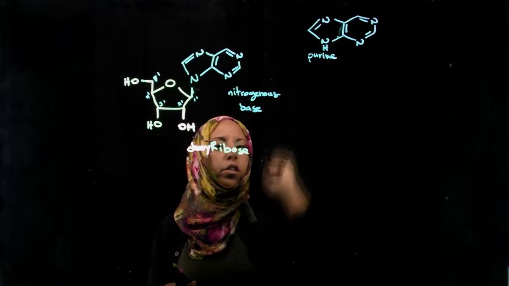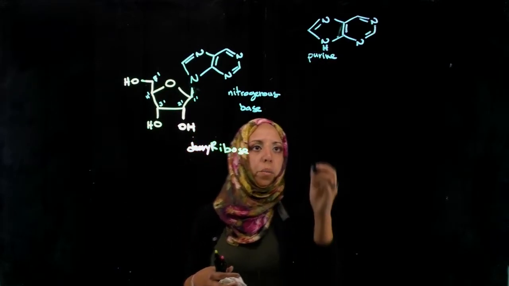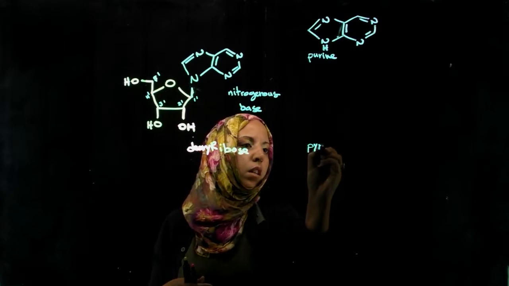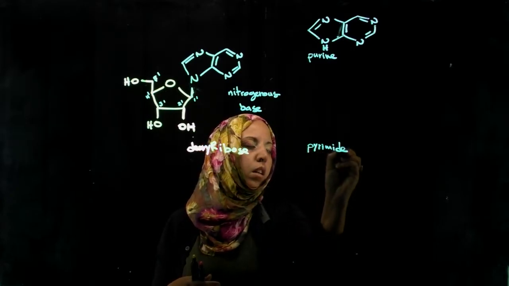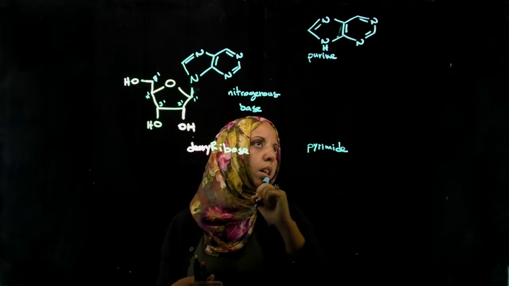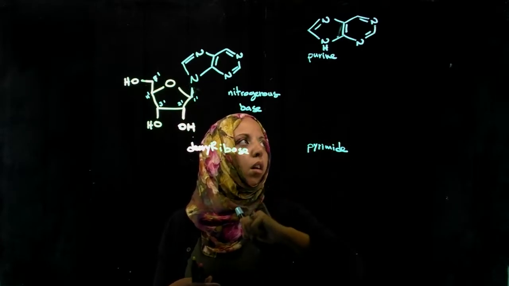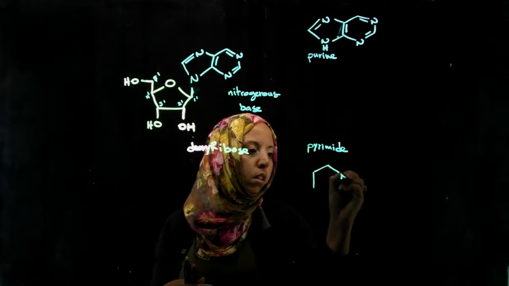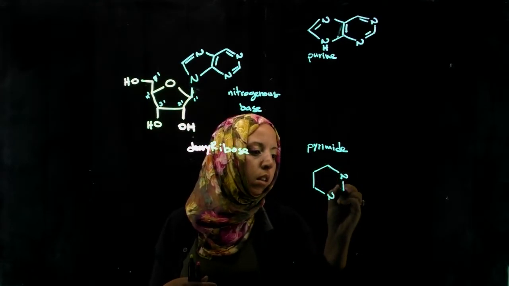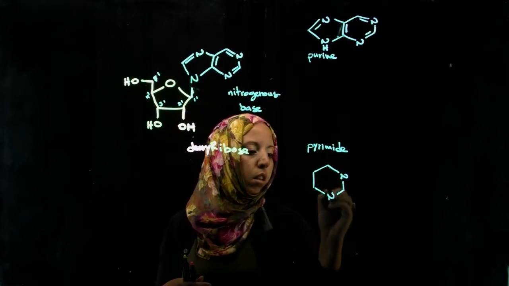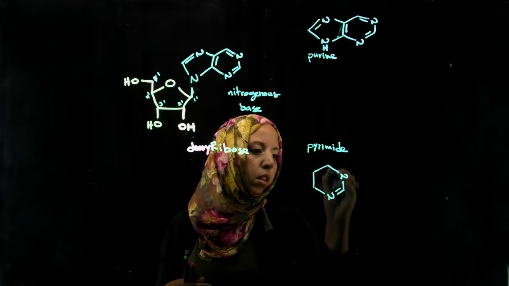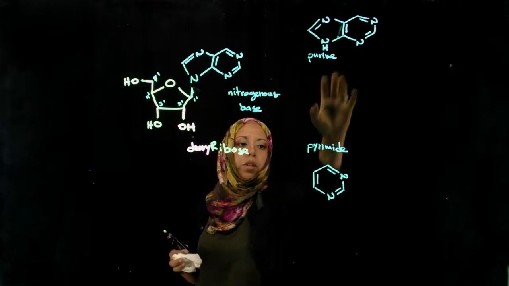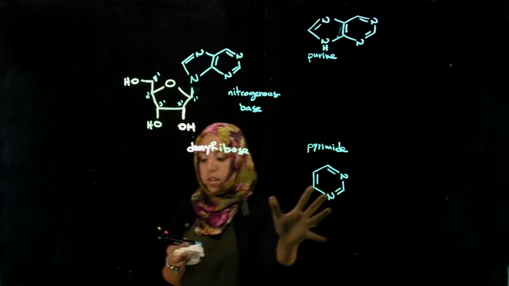They're either purine derivatives or pyrimidine derivatives. We have the bicyclic purines, and then pyrimidines. So that nitrogenous base could either be a purine or a pyrimidine derivative.